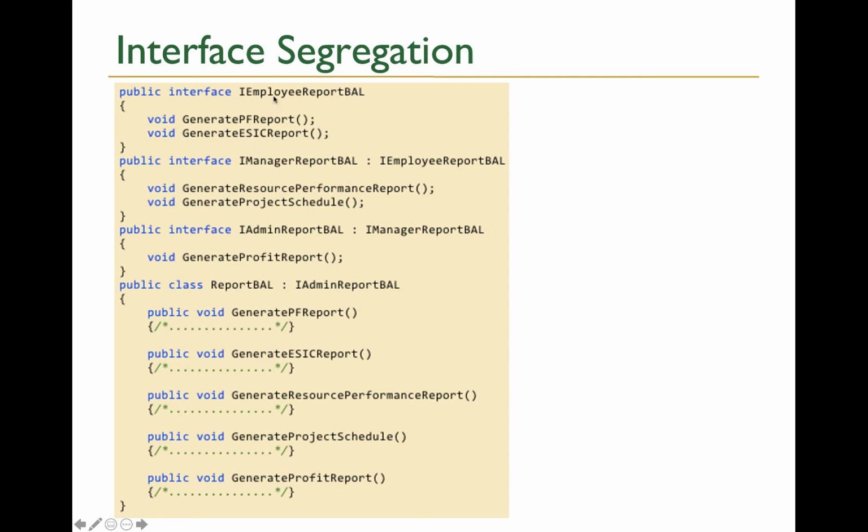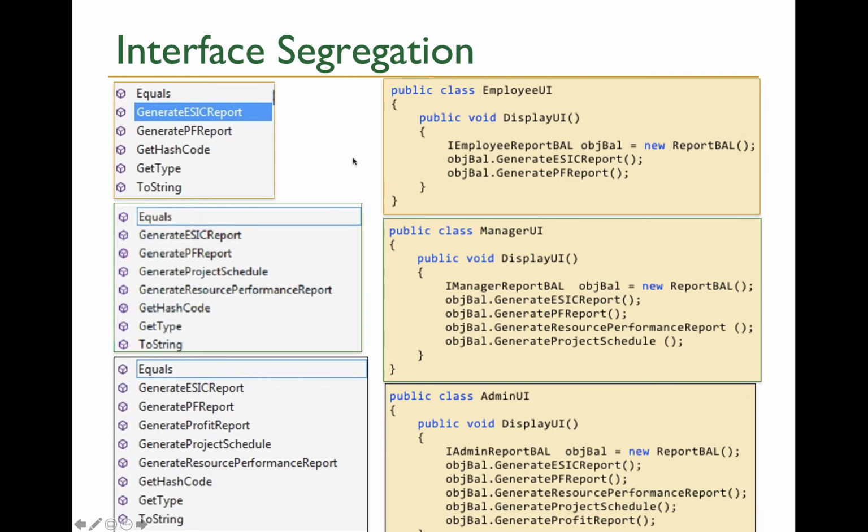So basically, we're designing an interface hierarchy that splits all these functionalities, so each role has the right access. Now when you build a system, it's much better, because in the employee UI, all you need to do is use this interface to define your class and create this object.